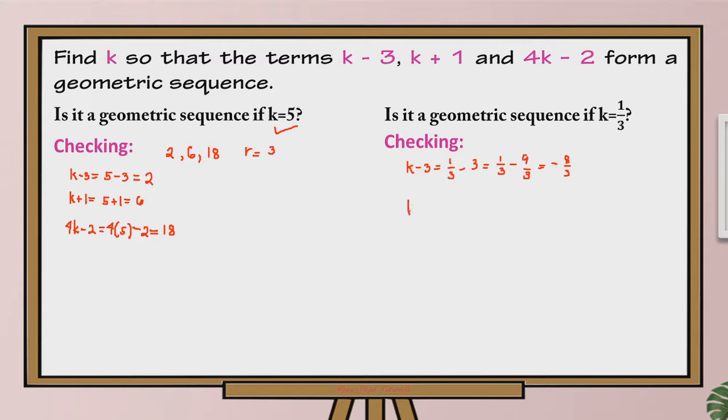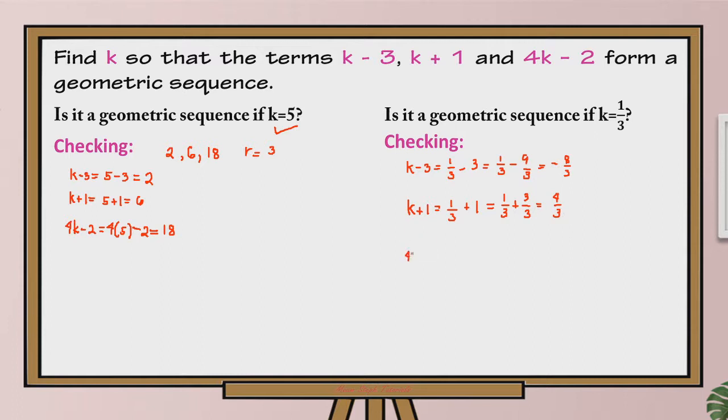Tapos, for the second term, k plus 1. So, we have 1/3 plus 1. Again, gagawin lang natin magkaparehong denominator. So, we have 1/3 plus 3 over 3 equals 4/3. Okay, yan ang ating second term.